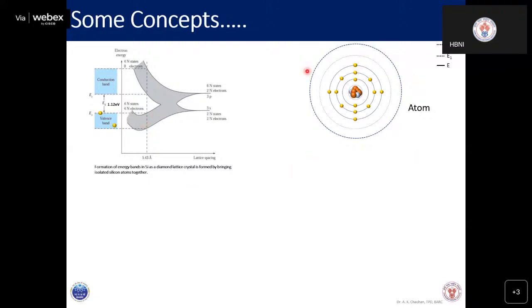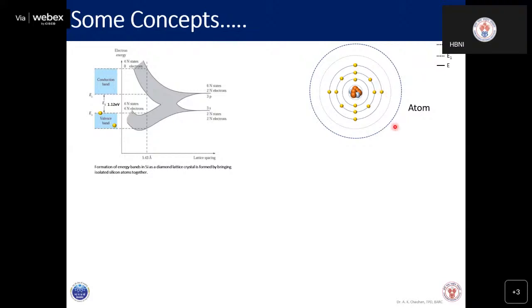But this is for a single silicon atom. When many silicon atoms come together, suppose we start with 2 atoms, and another atom comes near, this energy which was exactly here will ideally split into 2 very closely spaced levels.